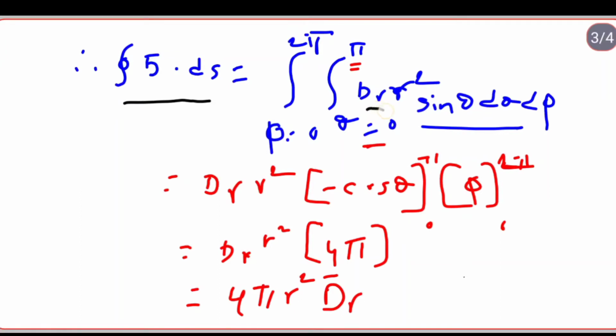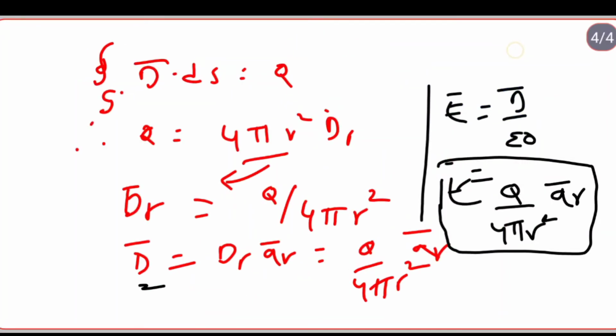In place of D dot dS is Dr r square sin theta d theta d phi. This is the Gauss law. From this, if you apply the limits, integration of sin theta is minus cos theta. The limits are 0 to 2 pi, and 2 pi you can obtain. After that, 4 pi, you will get 4 pi r square dr.